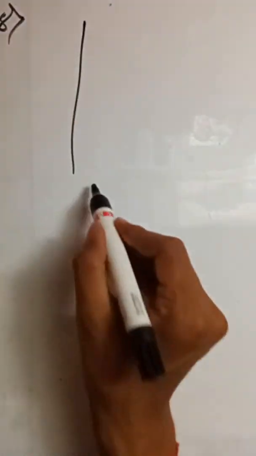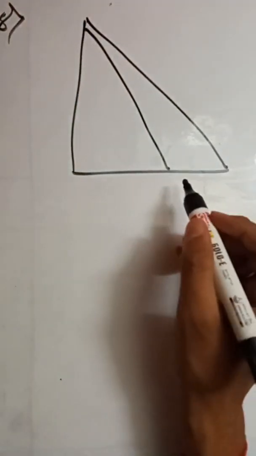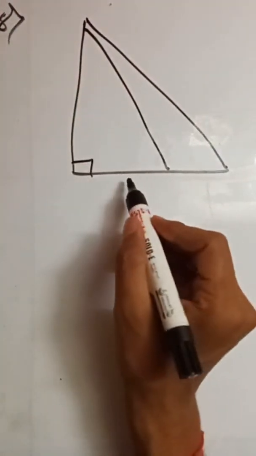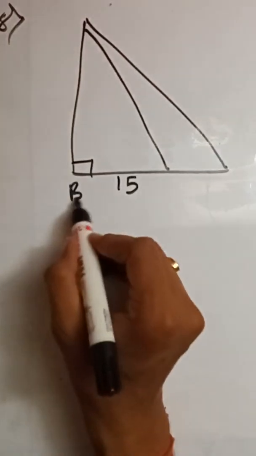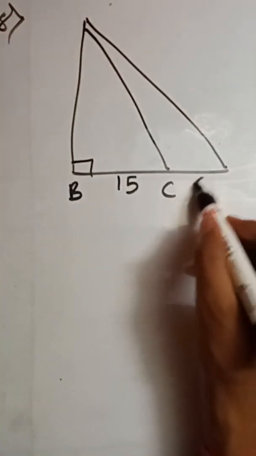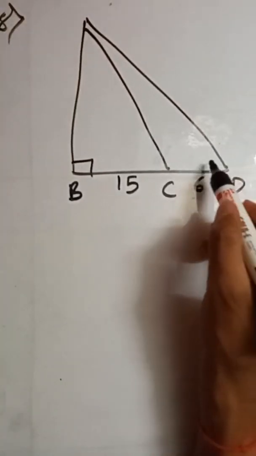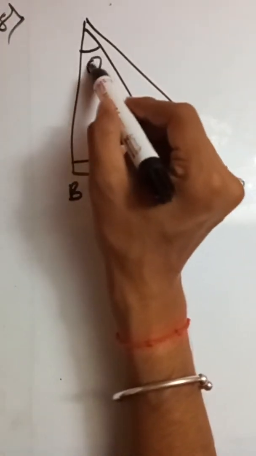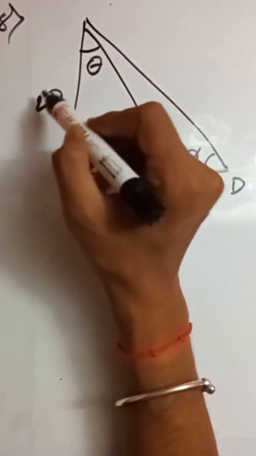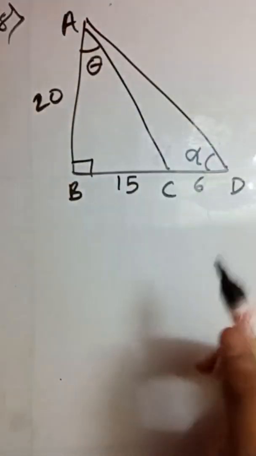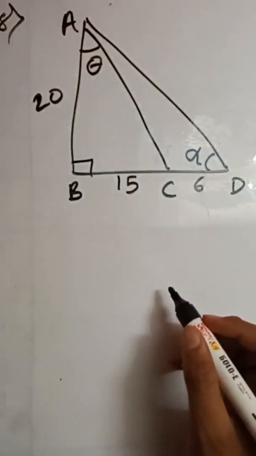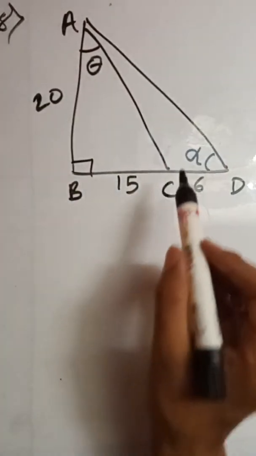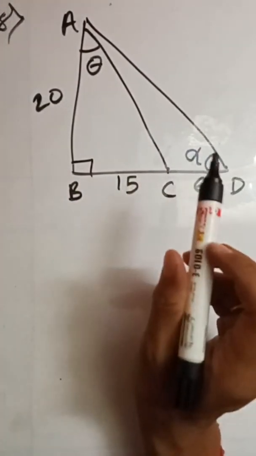Question number 8 is also the same. First, we will use Pythagoras and find the missing sides. See, there are two triangles here, but both triangles should have a 90 degree angle.